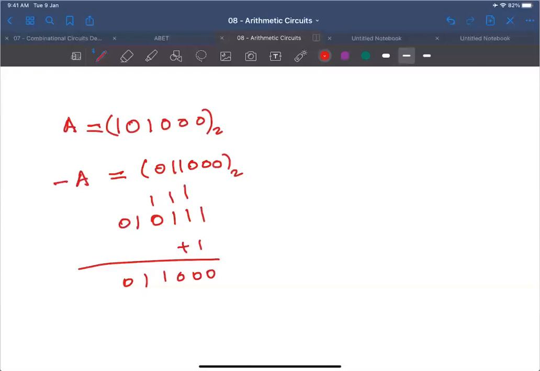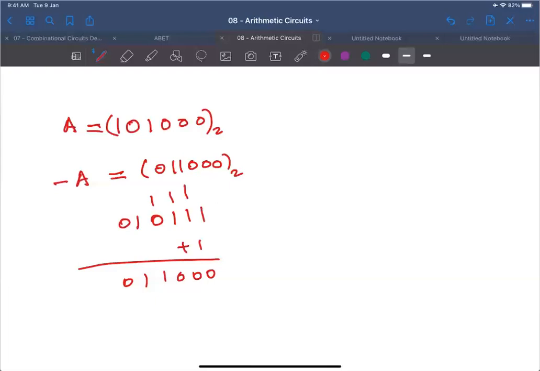First of all, sanity check. The sign bit must be different between the two numbers. Is this true? Yes, check. Because A has a sign bit of 1 and negative A has a sign bit of 0. So negative A is positive and A is negative.